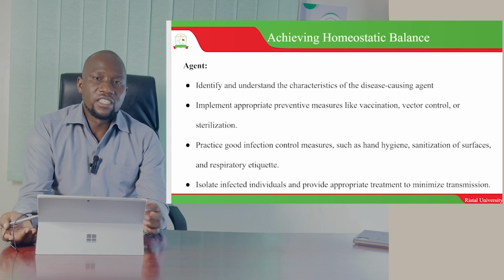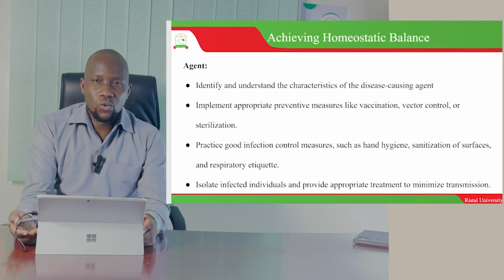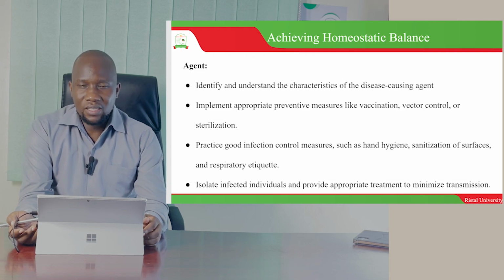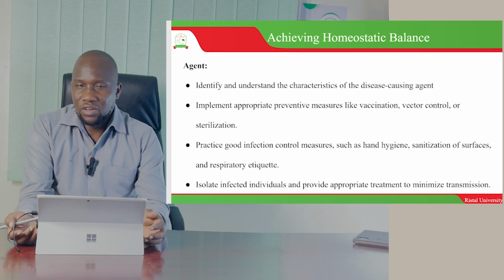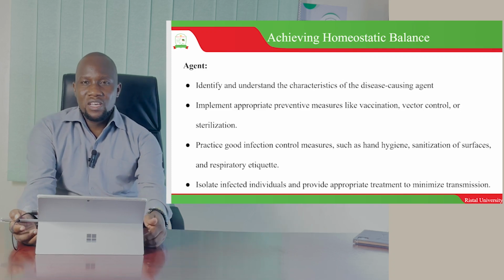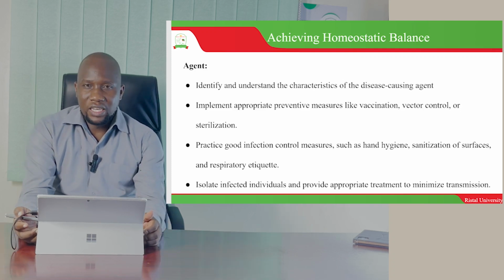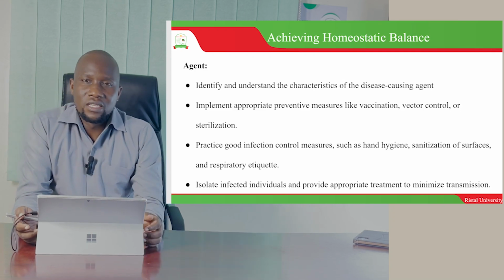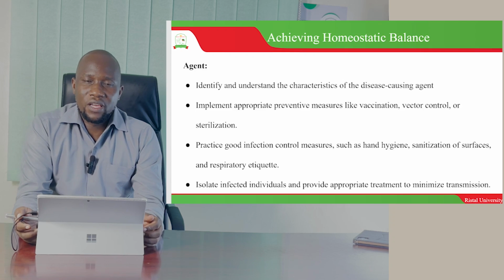And then when you move to the other element, the agent, of course you need to know which agent is causing a disease and know its life cycle, know where it breeds, know the times it causes havoc. For example, if you're talking about malaria, we need to know the mosquitoes that transmit the organisms that cause malaria, because the mosquito is basically a vector.